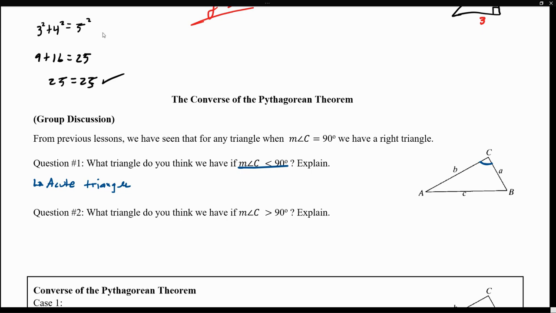Remember the definition of an acute triangle? An acute triangle is any triangle where one of its interior angles is less than 90 degrees. And that's exactly how we have defined that. So in any triangle, if one of the angles is less than 90, then we know it's an acute triangle.